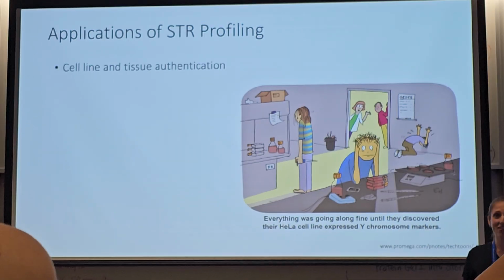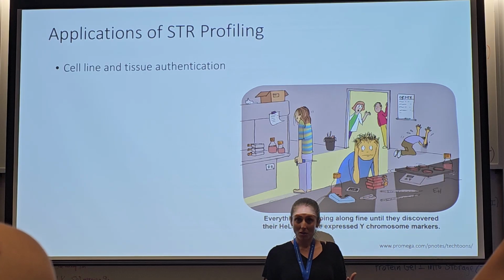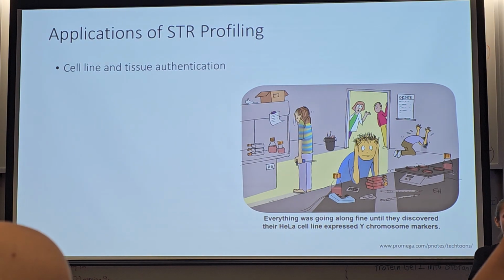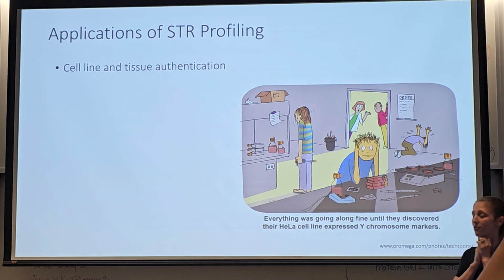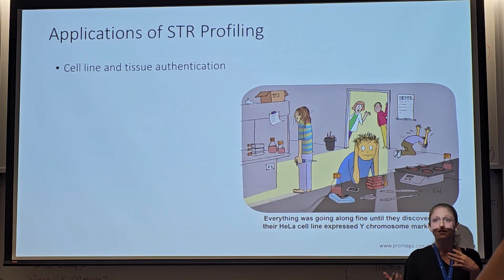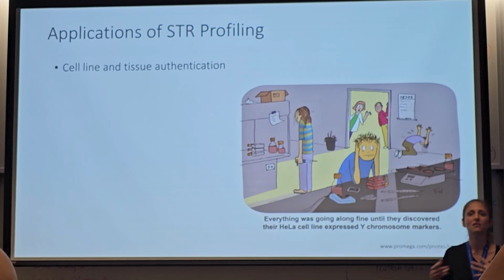Okay, so this is a cell line that was acquired from a Black, genetically female, okay, back in the 50s, who had cancer. These cells were taken without her consent. If you haven't read Rebecca Skloot's story about this, The Immortal Life of Henrietta Lacks is very good. But the reason why this is a cartoon, right, is because genetically female should have no Y chromosomes.